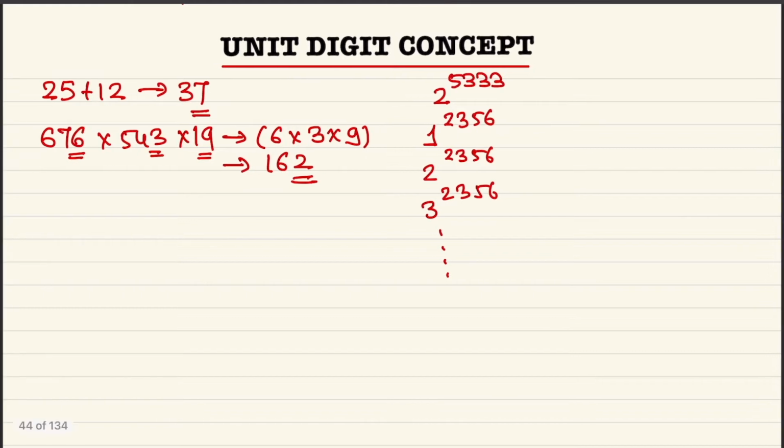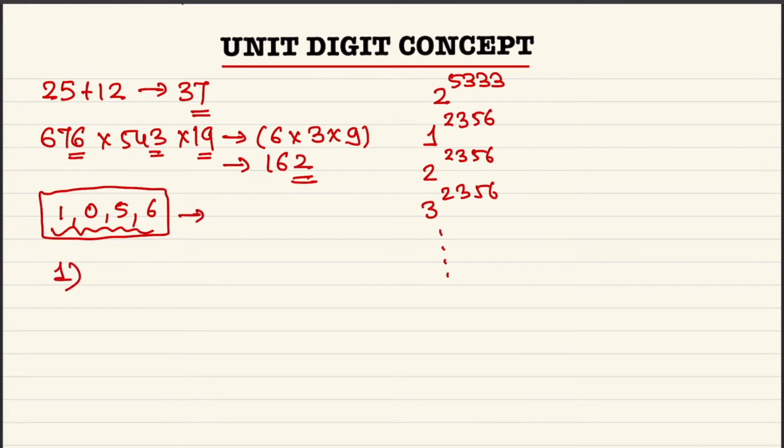You remember one thing: 1, 0, 5 and 6. These are the 4 numbers which, when raised to any power n, will give you the same unit digit as the number itself. It means if I write 1 raised to power 233, then the unit digit will be 1.